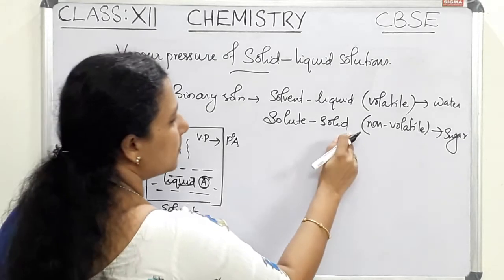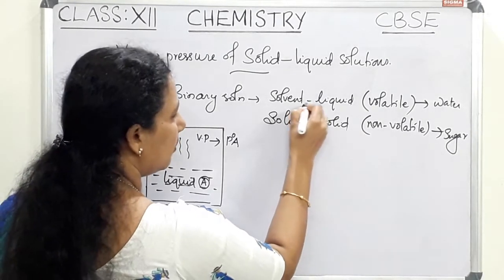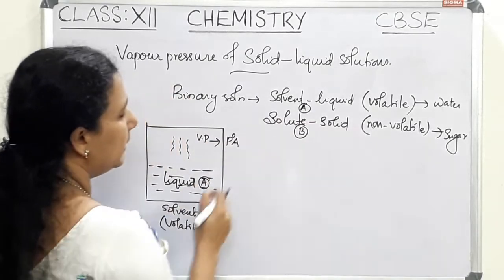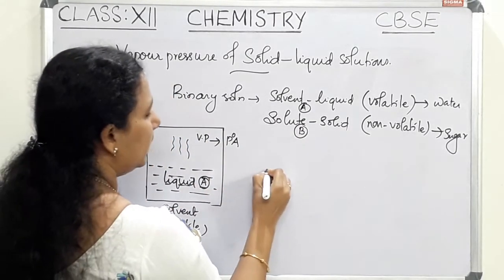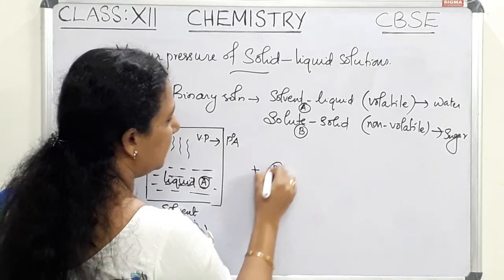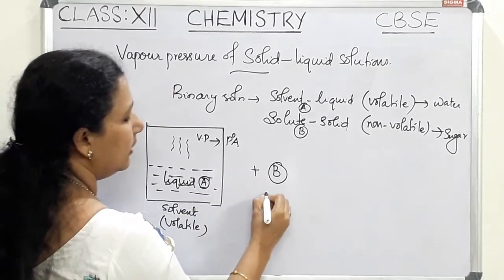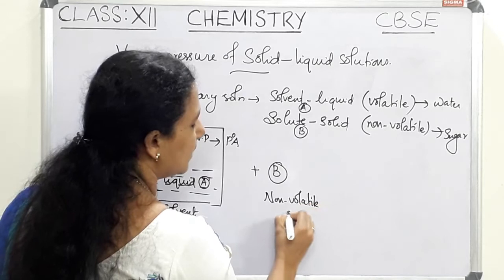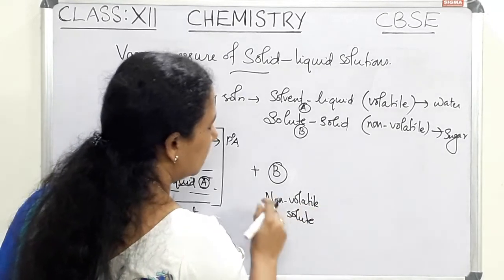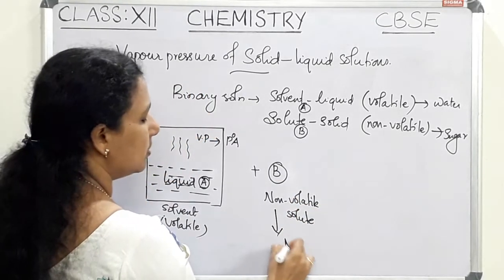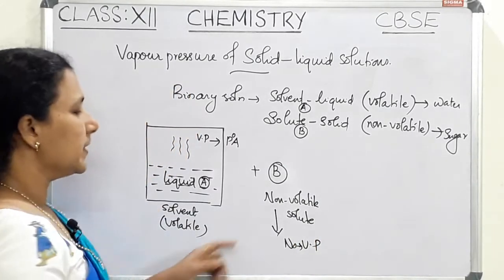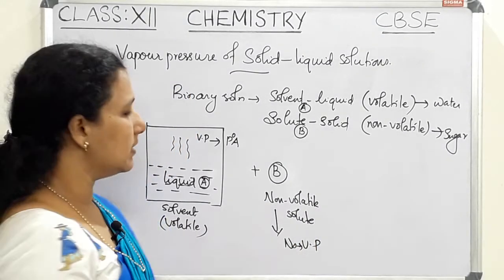The solvent is always A and the solute is always B. The solute B is added, and this is a non-volatile solute. So there is no vapor pressure since it is a non-volatile solute.